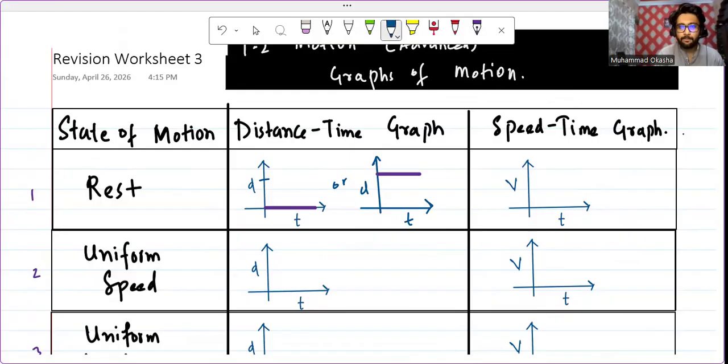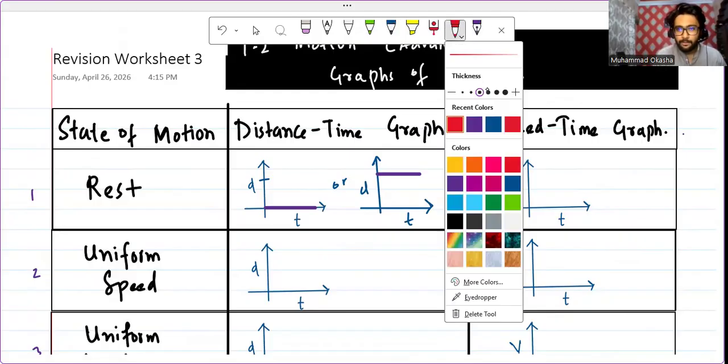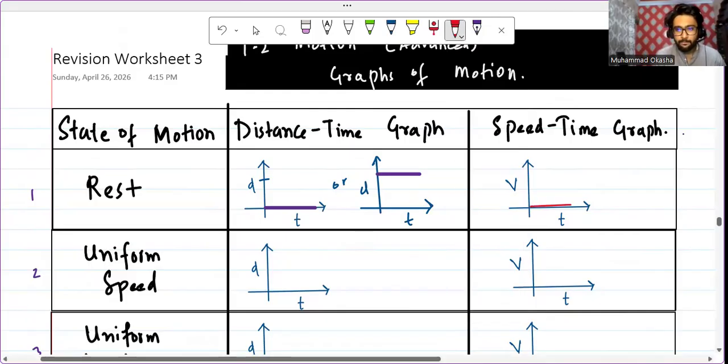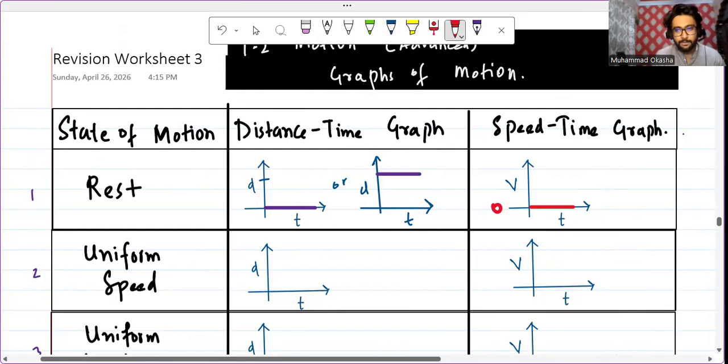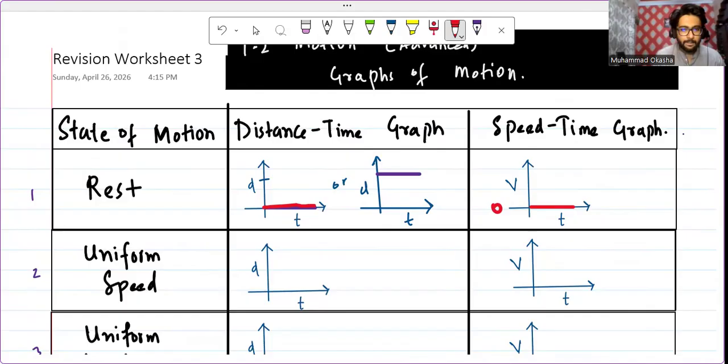But on a speed time graph, it's always going to be over here, which means that when the body is at rest, the speed is 0, and hence your graph is at 0. Make sense? You notice the difference between the two types of graphs for rest.